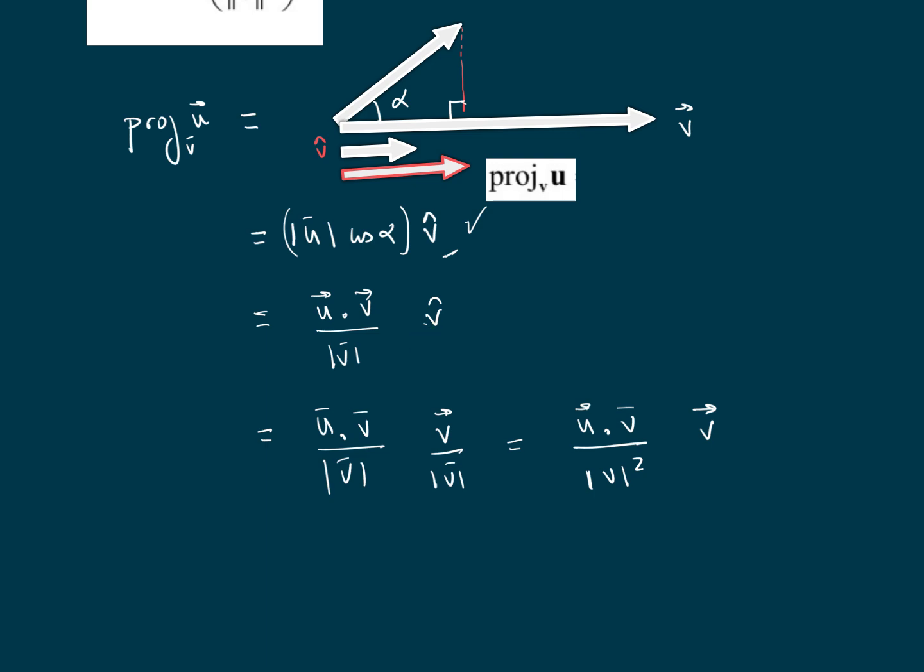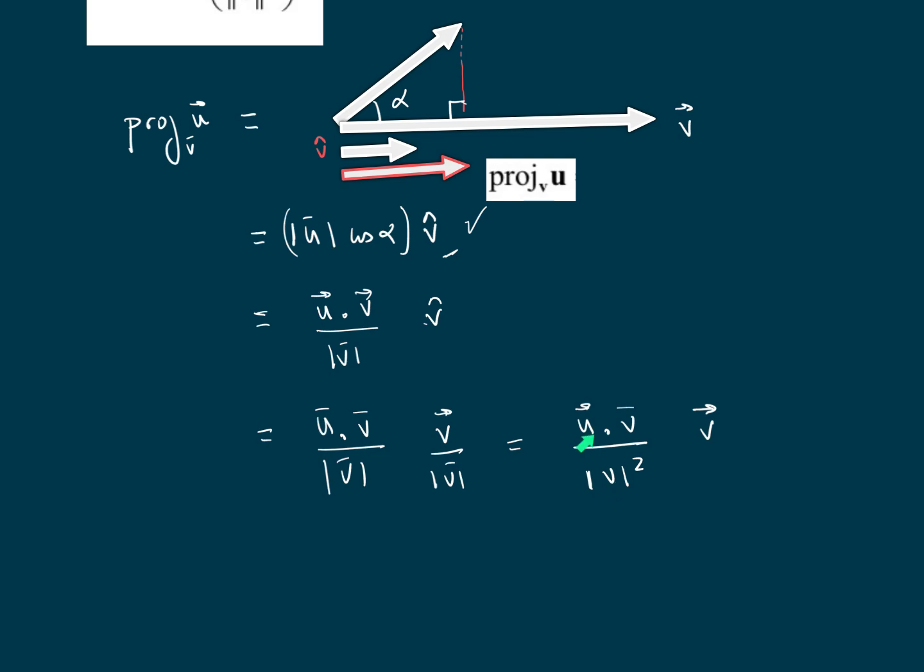Now we can go on a little bit more and write the unitary vector V as the vector V divided by the magnitude of V. Now we can put the magnitude of V here, so it will appear as V squared.